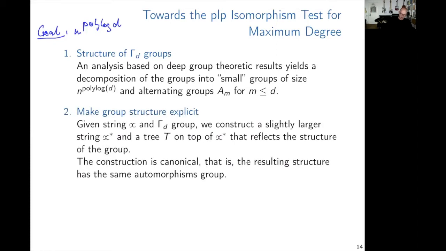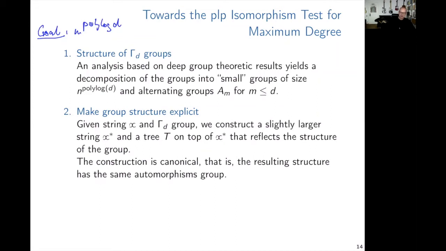And now we use a trick that I think is new and quite nice. Here we have a string x and a gamma D group, and from this we construct a slightly larger string and a tree on top of this string. And this tree encodes the structure of the group as we obtained it here.